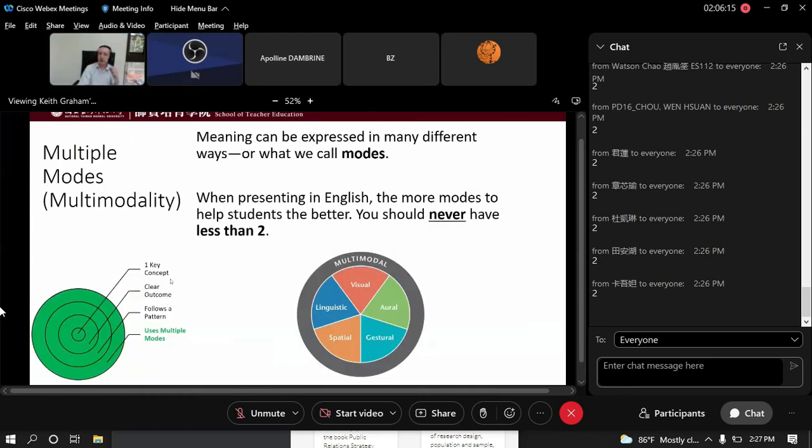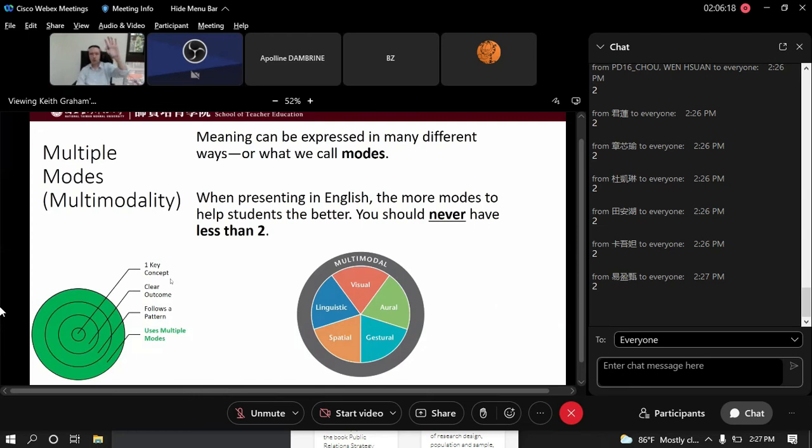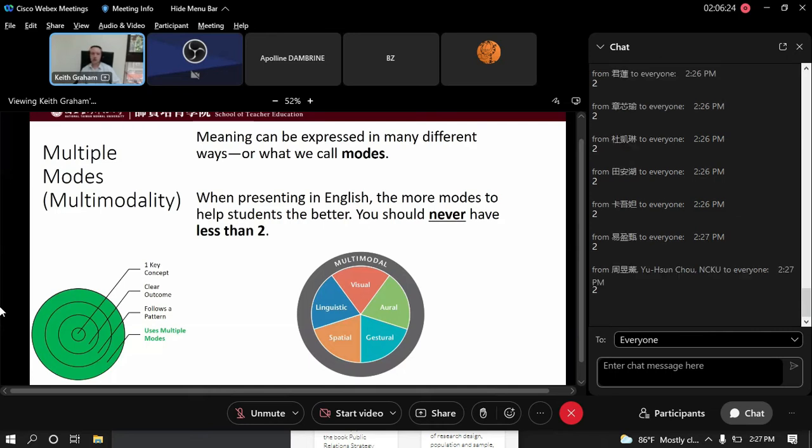So I guess, again, I'd like to draw your attention to the bottom left corner of your screen, and I want to kind of review where we've been and where we are now. So we've talked about one key concept. You now can write a clear outcome with an action verb, the concept, and some specifications.